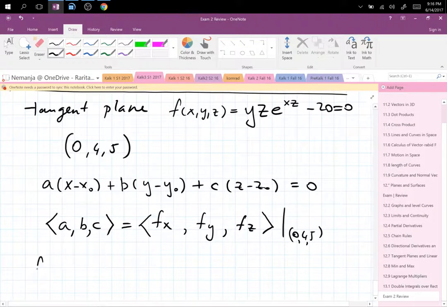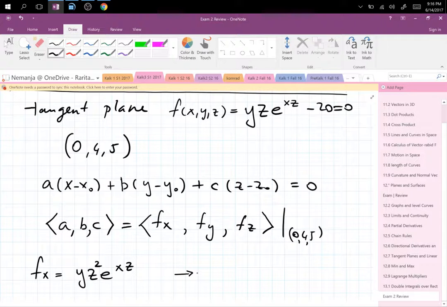Partial derivative fx: yz is a constant, e to the xz, and then another z in front, so it's yz squared e to the xz. When I compute at 0, 4, 5, I have 4 times 25, so 100.